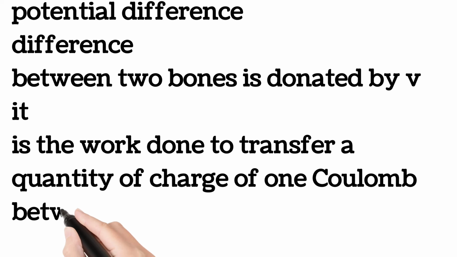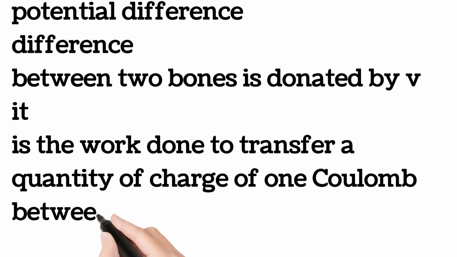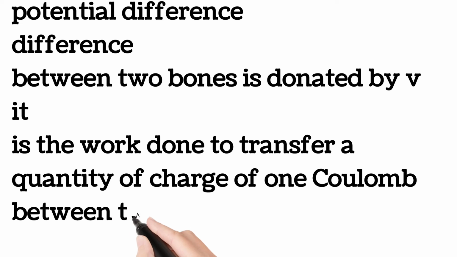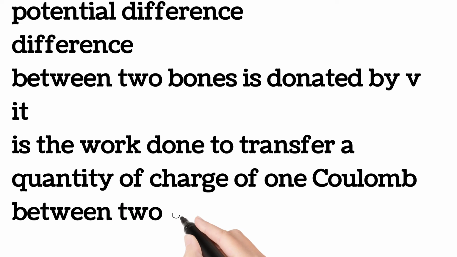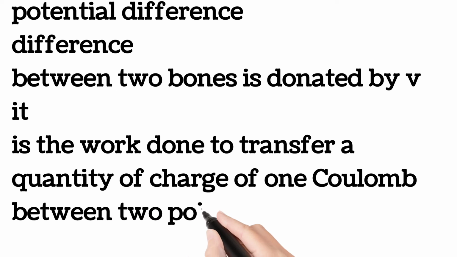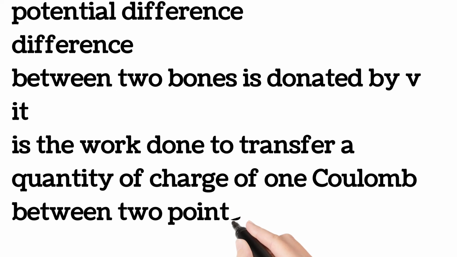What we mean by potential difference between 2 points, which we denote by V, is the work done to transfer a quantity of charge of 1 coulomb between 2 points.